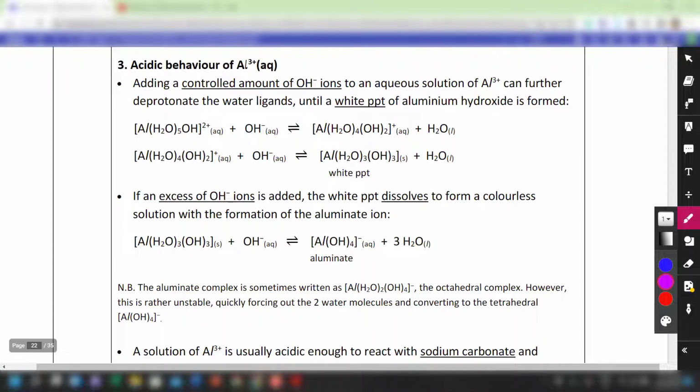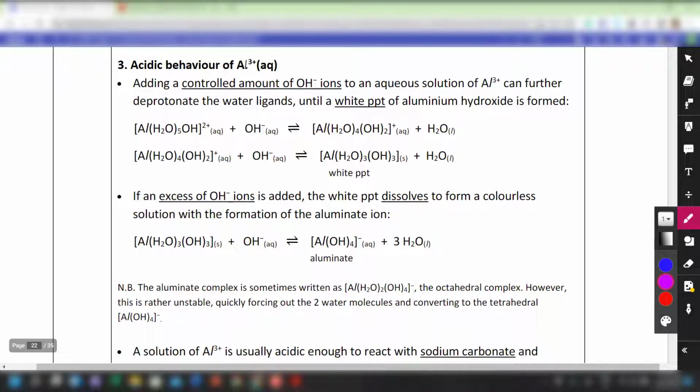Then moving on, this particular portion, we have talked about a little bit when we were discussing QA. So with a controlled amount of OH minus, I would expect aluminium hydroxide to be formed. You can view it as a stepwise ionization process or stepwise acid-base reaction process, or you can view it as the ionic product exceeding the Ksp, which leads to the formation of aluminium hydroxide. Then in excess amounts of OH minus, the production of aluminate is favored.